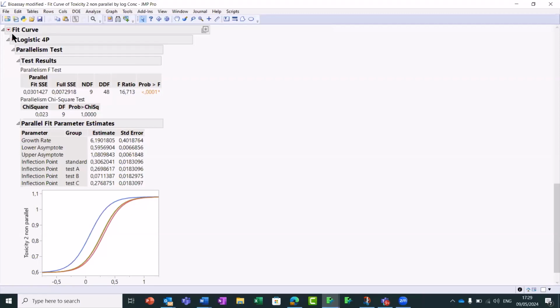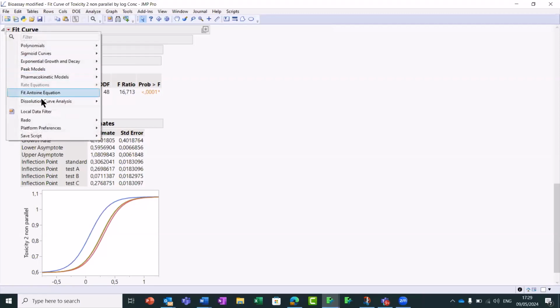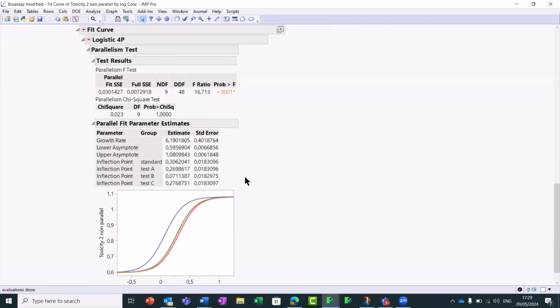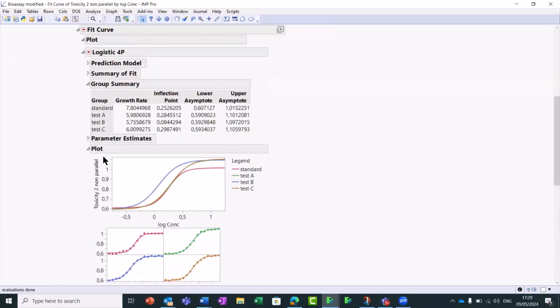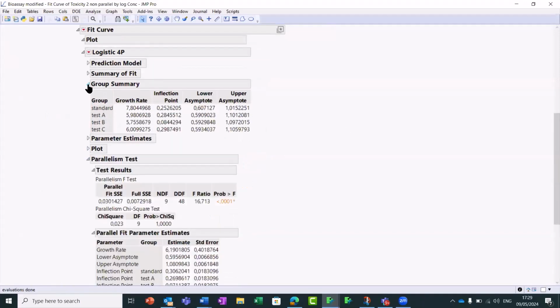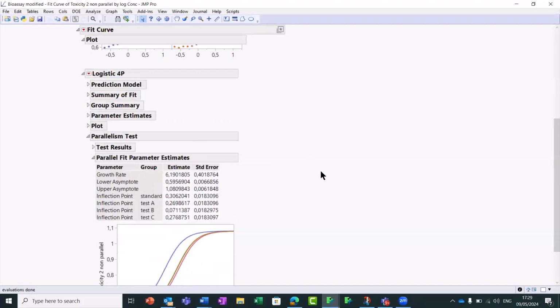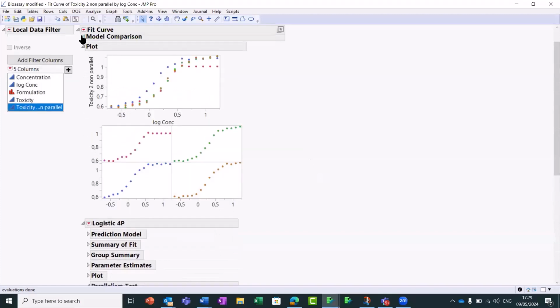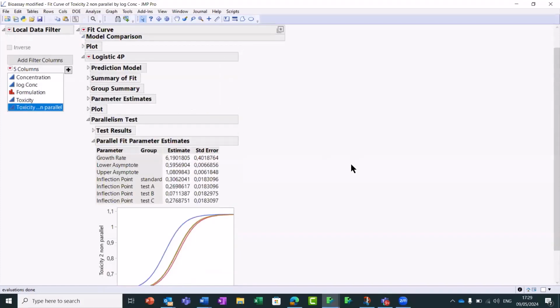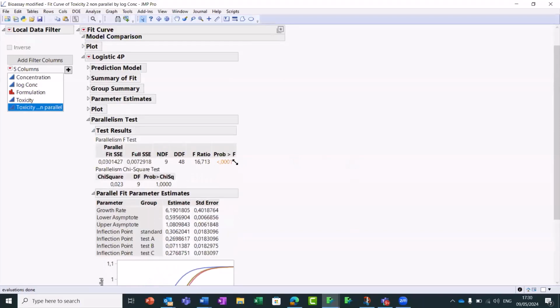So it's using, for example, the local data filter. I will close more or less all my different windows. Oh, I need this one, of course, I need the p-value here.